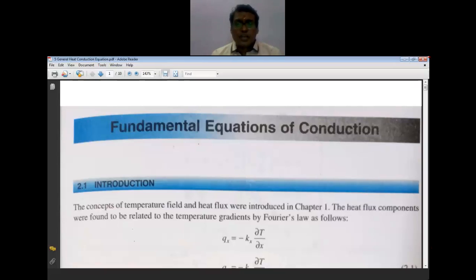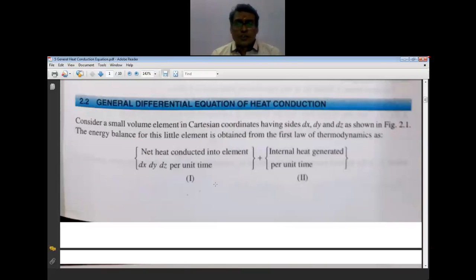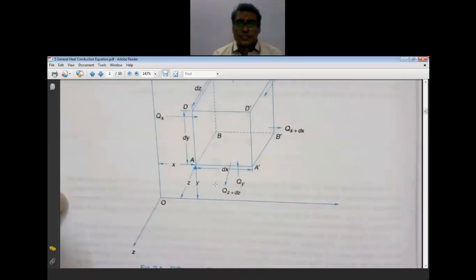So we will now discuss the three-dimensional equation. The fundamental equation of heat conduction is Q equal to minus K dT upon dx.